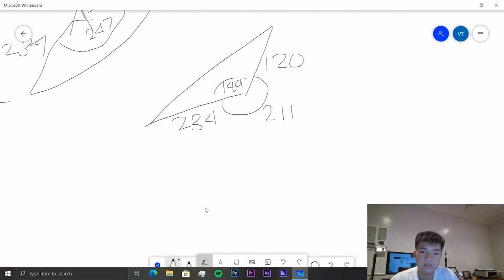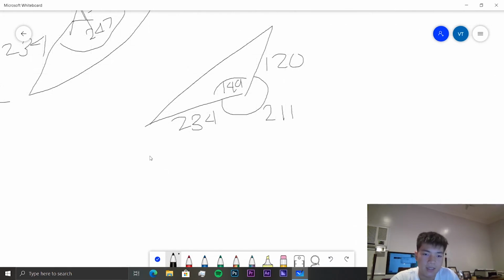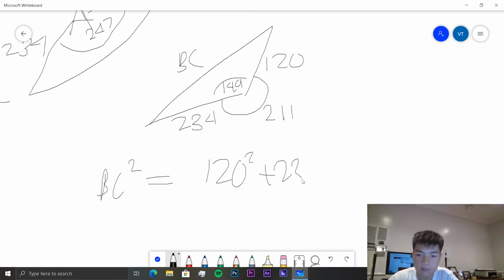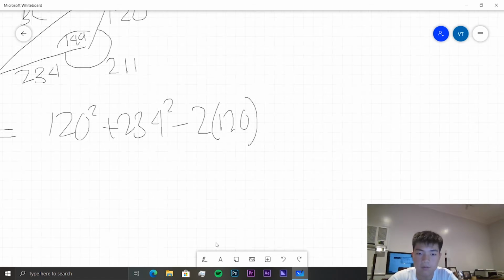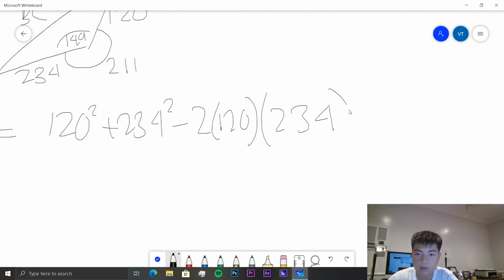Let's calculate the distance first. That's pretty simple. Let's label it BC. So BC squared is equal to 120 squared plus 234 squared minus 2 times 120 times 234 times cosine 149 degrees.